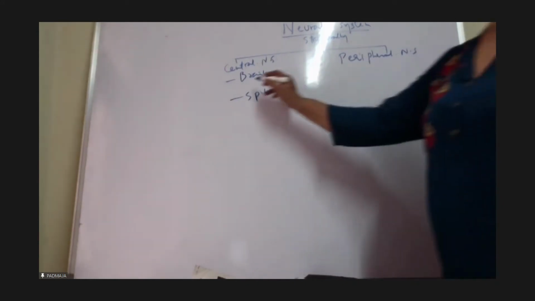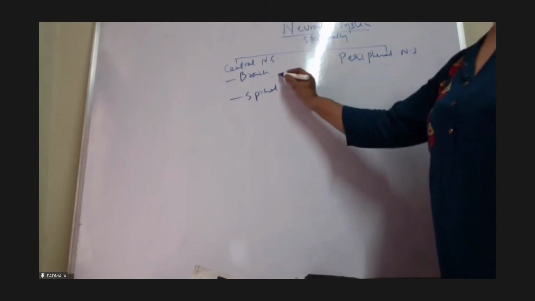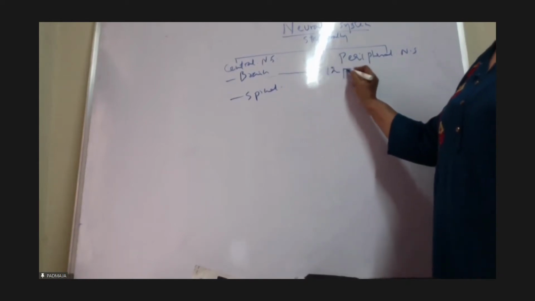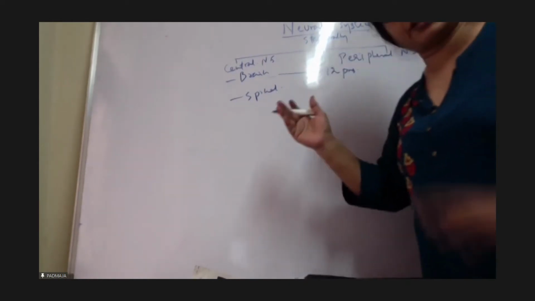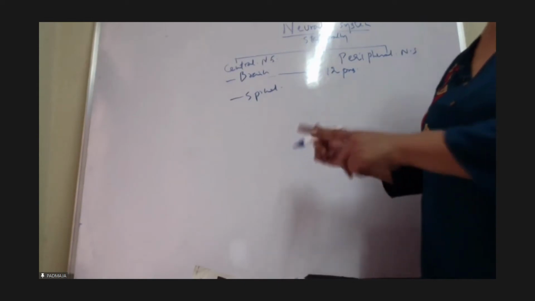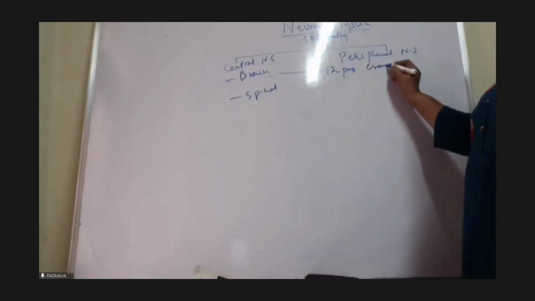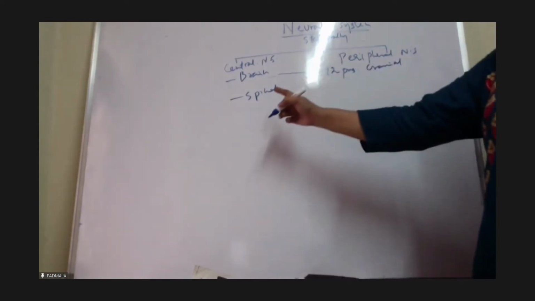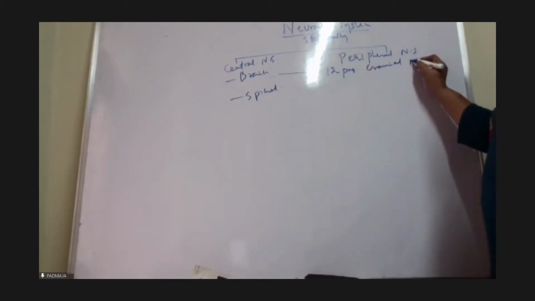Now, what is the peripheral nervous system? From the brain, 12 pairs of cranial nerves arise, on both sides, right side and left side. As related to the brain, we name them cranial nerves.